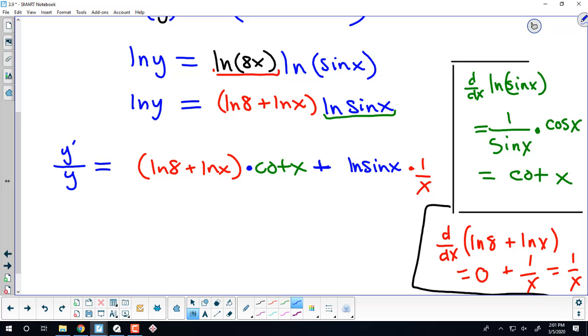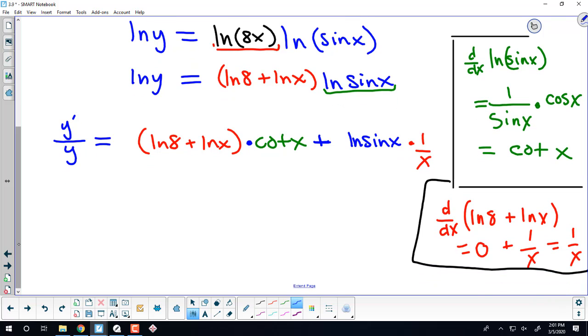Okay, so we have cotangent times these two terms in red, and we have ln of sine x all over x. That's y prime over y. We'll solve for y prime. It's y times all of this stuff.